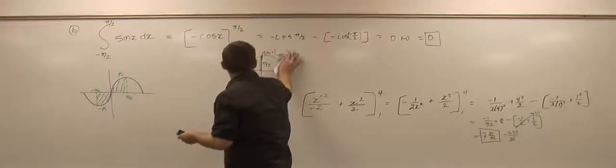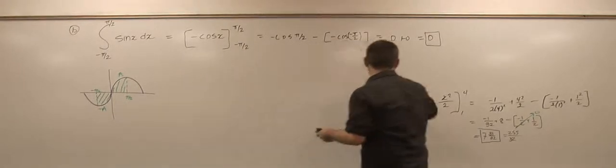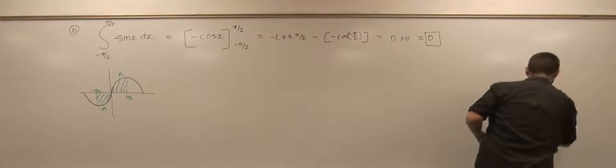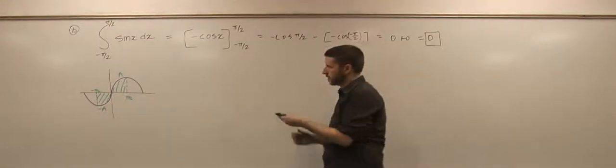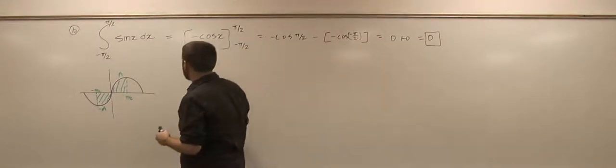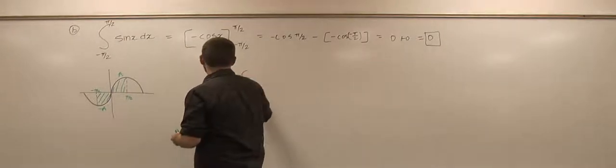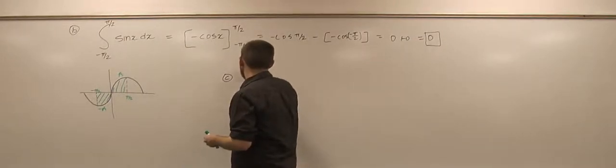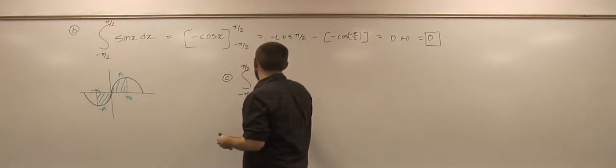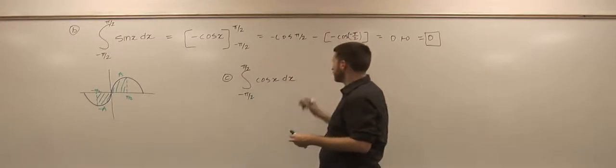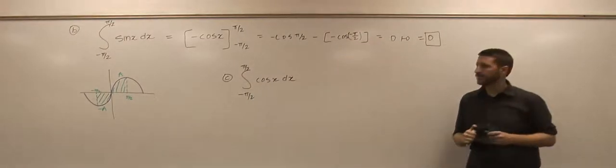What do you think about cosine? What if I gave you the integral from negative pi over 2 to pi over 2 of cos x dx? You think this is going to be 0?